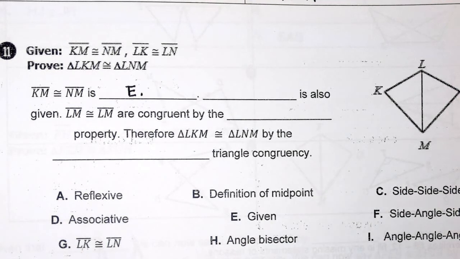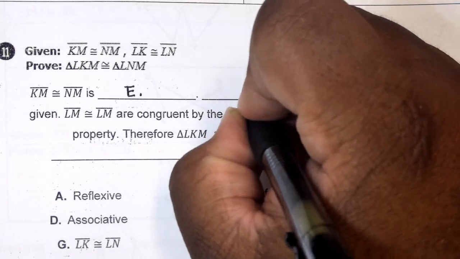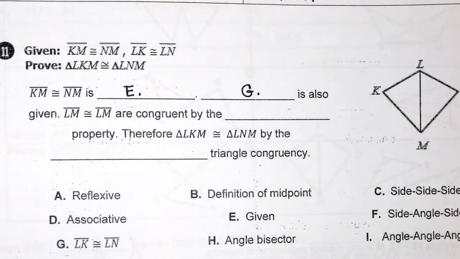Then it says blank is also given. Okay, it's congruent to LM. Which is what? I'll write the letter then. G. After that says LM is congruent to LM.